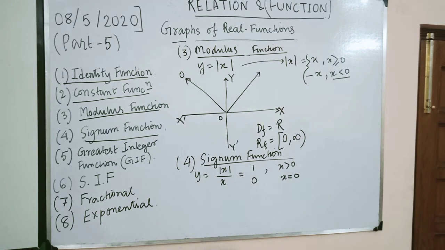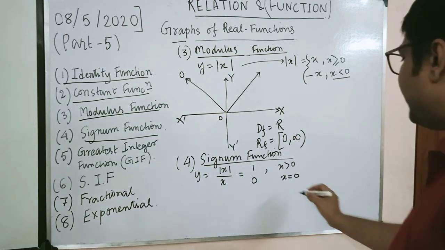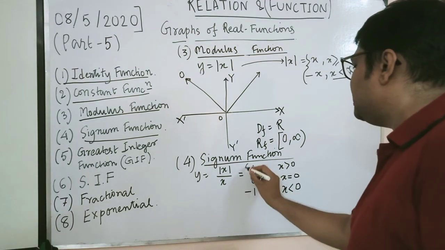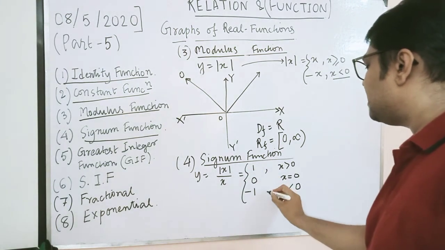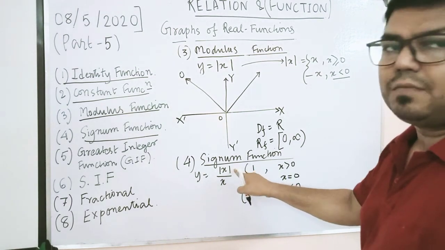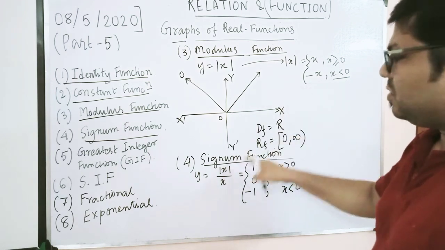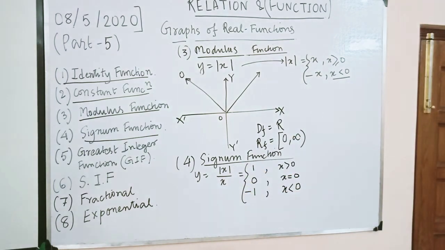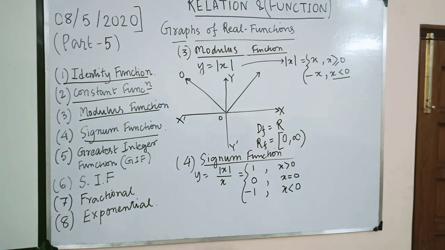That means if x equals 0, it will be 0, and if x is less than 0, it becomes minus 1. Why is it minus 1? Then there also you will get a clue, because when x is less than 0, mod x becomes minus x. So minus x by x becomes minus 1. So there are 3 values, minus 1, 0 and 1, for 3 different x values.